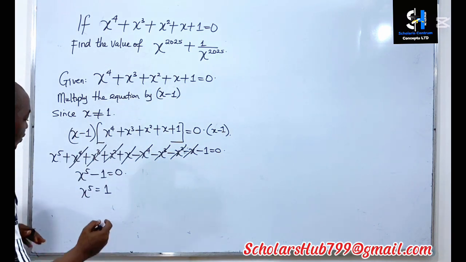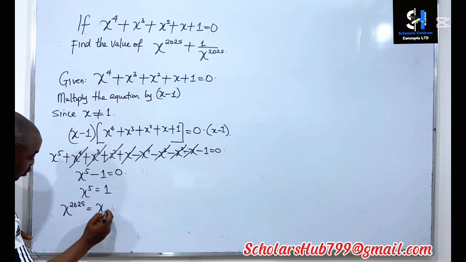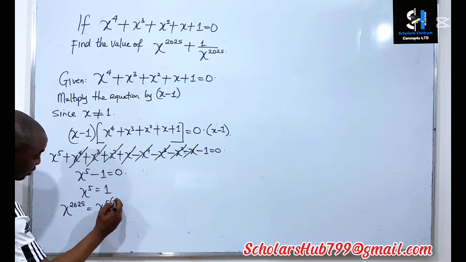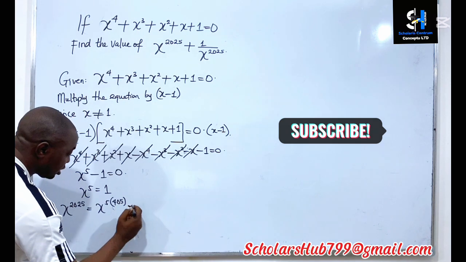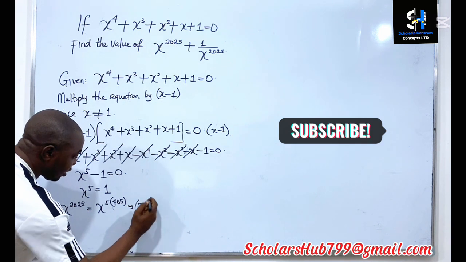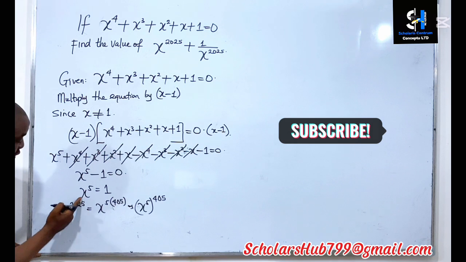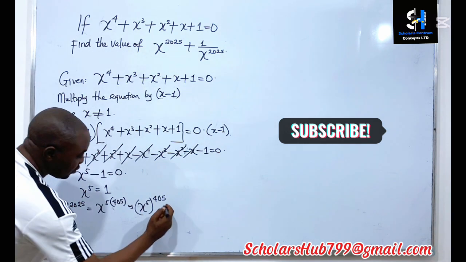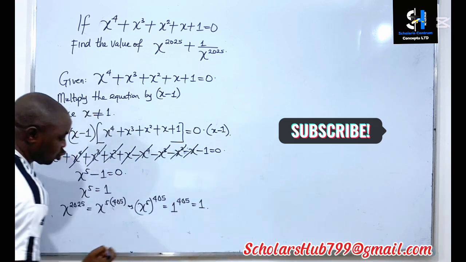So now we want to find the value of x to the power of 2025, and we can write this as x to the power of 5 multiplied by 405. This is the same thing as x to the power of 5 raised to the power of 405. Now we know that the value of x to the power of 5 is 1, so that means we have 1 raised to the power of 405, which is 1.